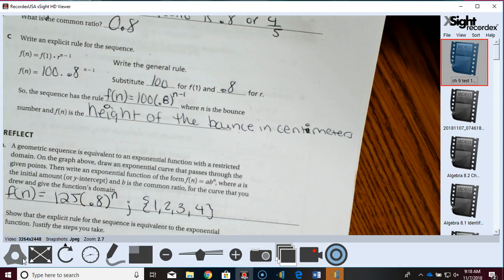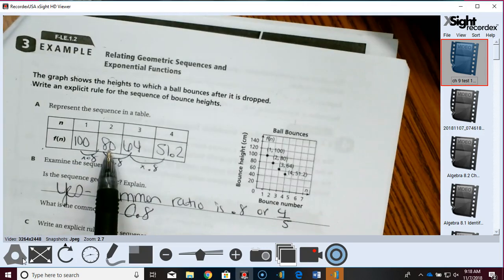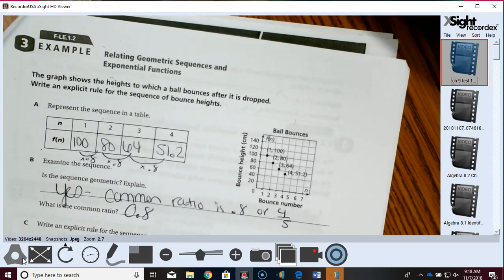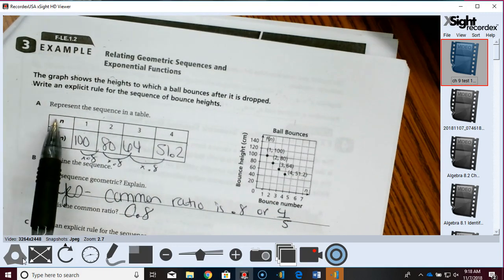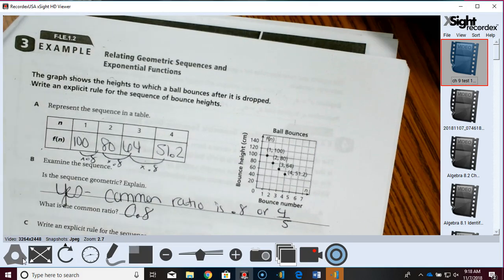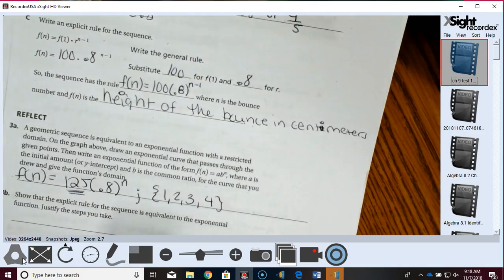How did I get the 125? If I did 80 divided by 0.8, I get 100. Divided by 0.8, I get 125. If I back it up to 0, I'd get 125. My y-intercept.